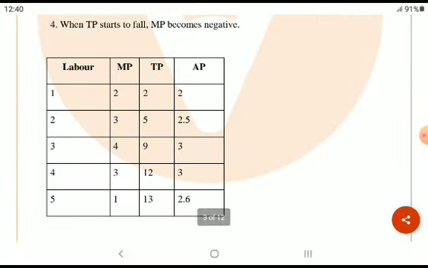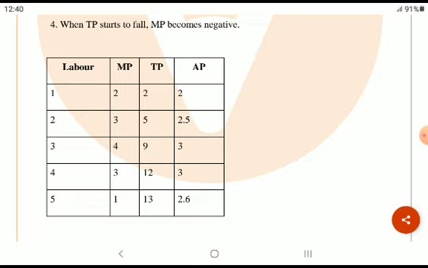Let us take an example. Labor is 1, MP, let us take it as 2, TP is 2, and AP will also be 2, so 2 by 2.